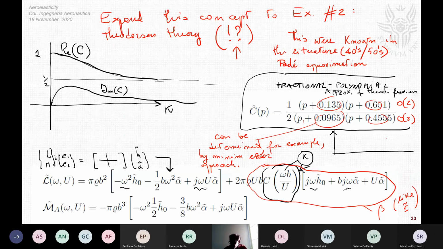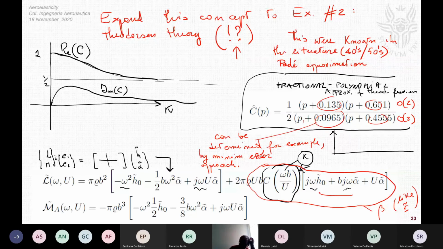So I suggest you do this polynomial division and consider the result of the division plus a proper part, and I suggest to call beta the proper part. Okay, exactly as we did before for the general theory.